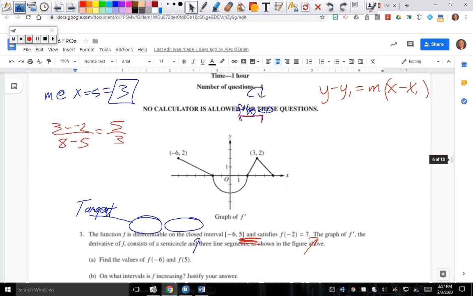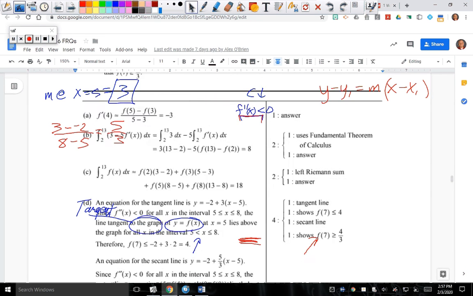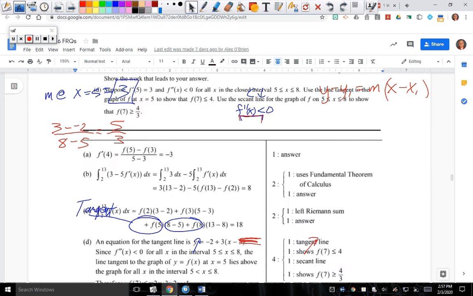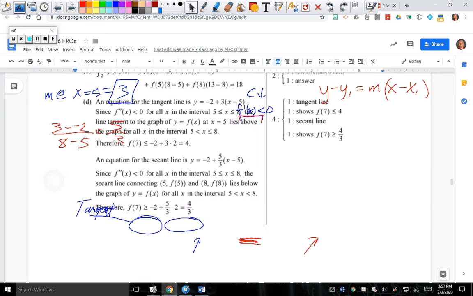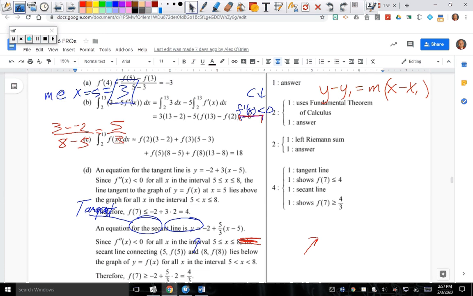Alright, so this one right here, D, is right here. I want you to look at the point breakdown too.